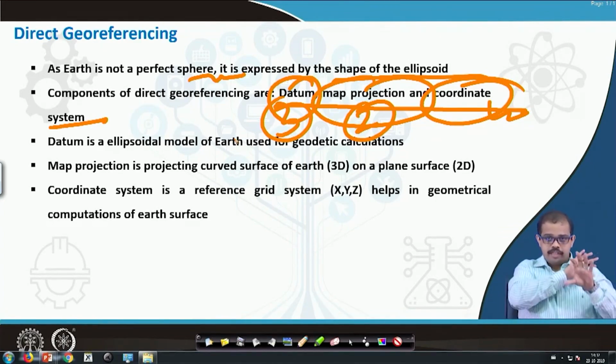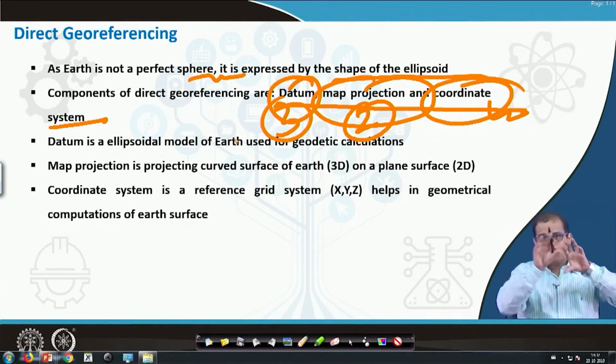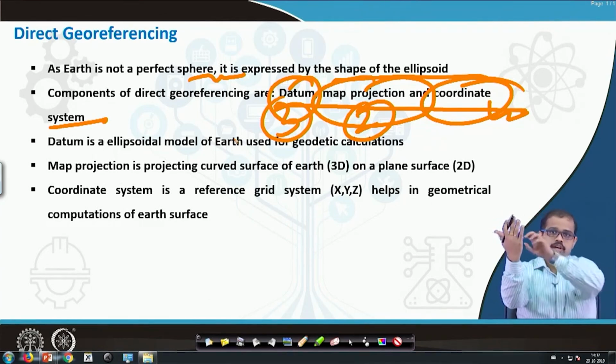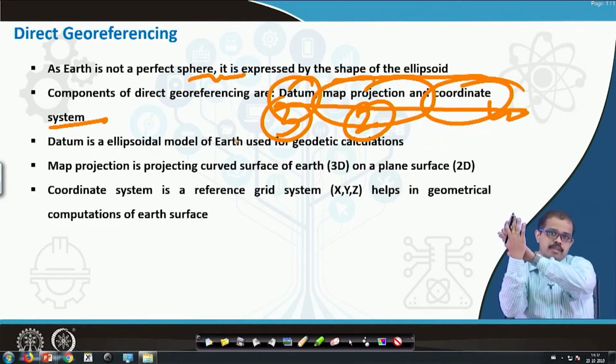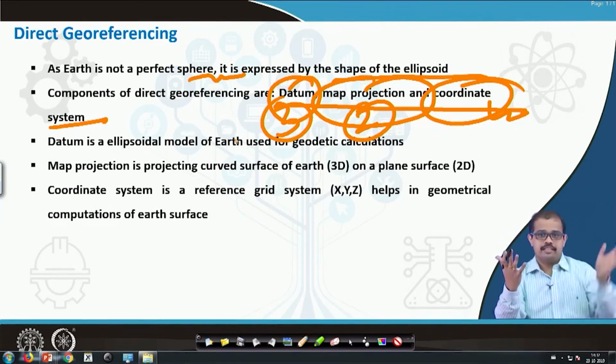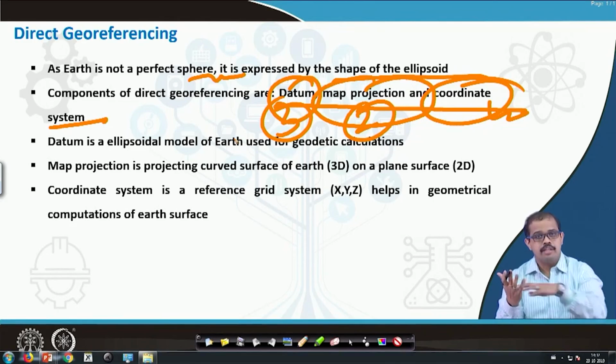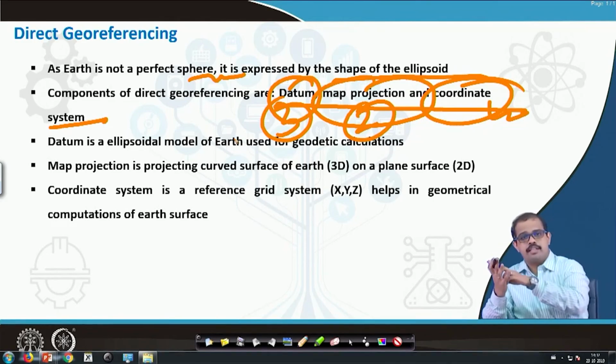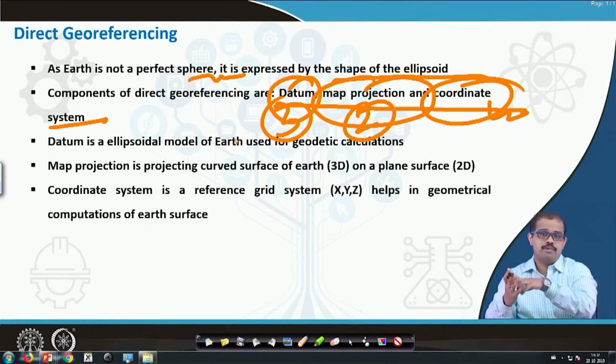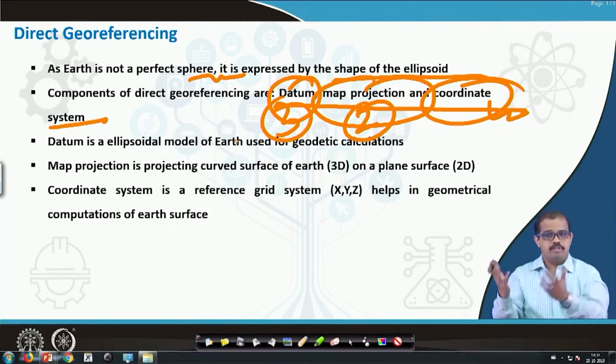So, now you are projecting a circular earth onto a paper. So, now it becomes a 2D, because you have only the reflections, you cannot look at the third dimension of the earth surface. So, you are projecting it on a 2D. So, this kind of projecting system is necessary for us to convert 3D data into 2D data for us to understand the details on the earth surface.